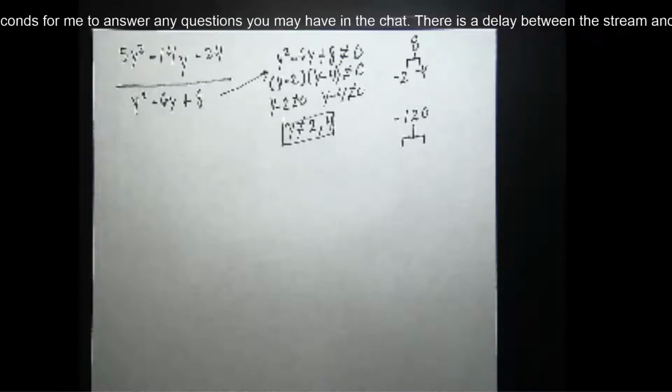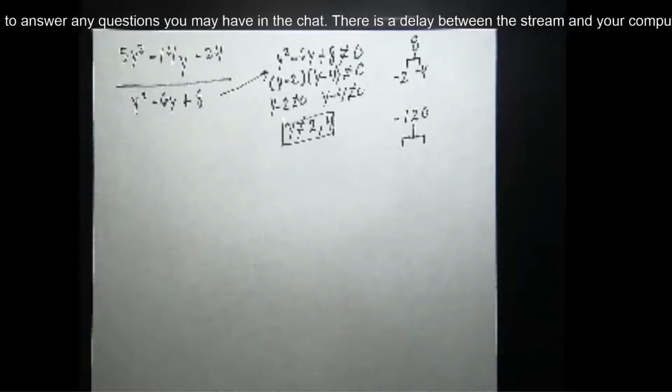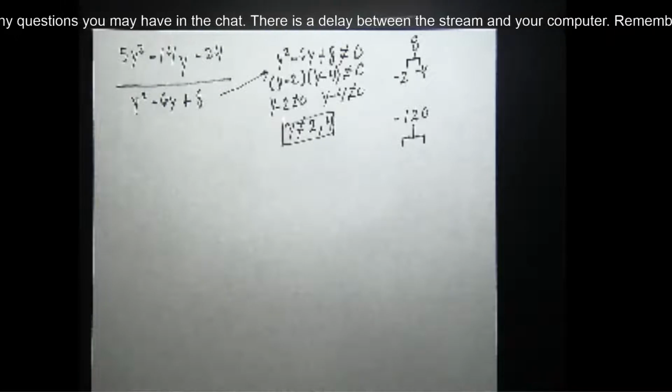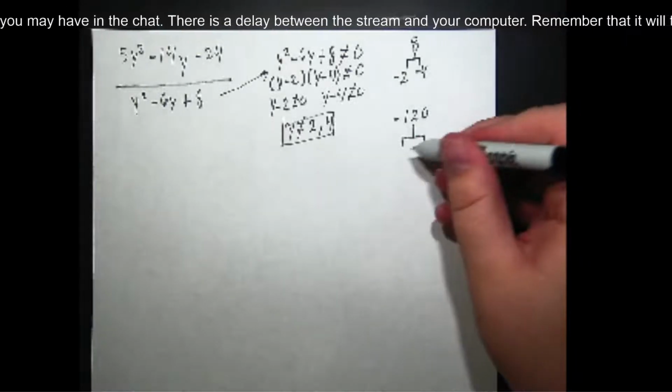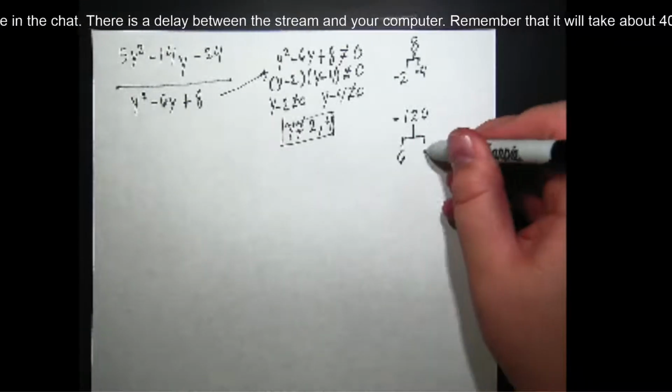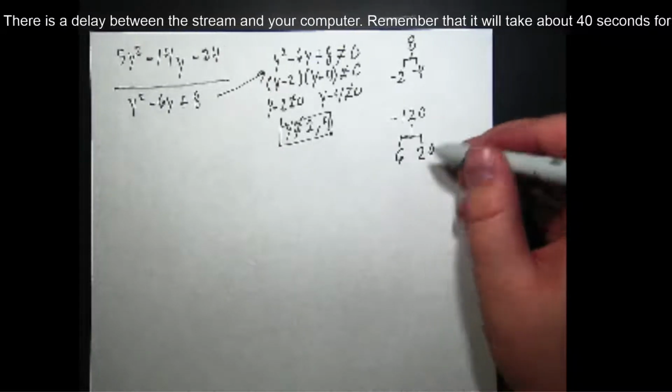So let's see, factors of 120. We've got 6 and 20. We've got 1 and 120.